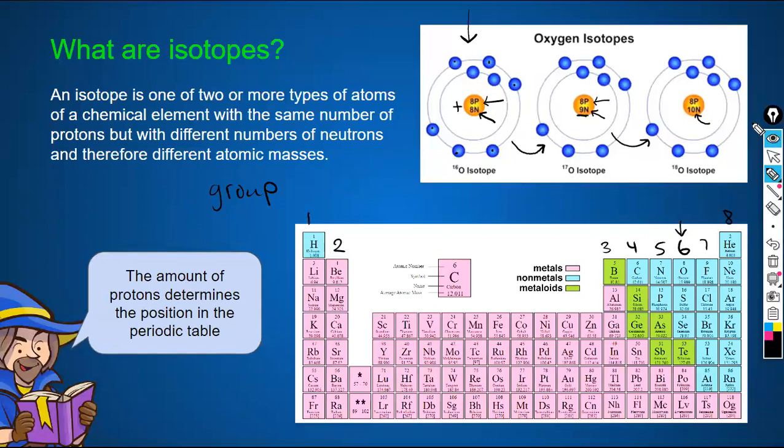It's just a different version of the same element, except it has a different amount of neutrons, right? And most periodic tables only display the most popular one. Like on Earth, the most popular type of oxygen is oxygen 16, the one with 8 protons and 8 neutrons.